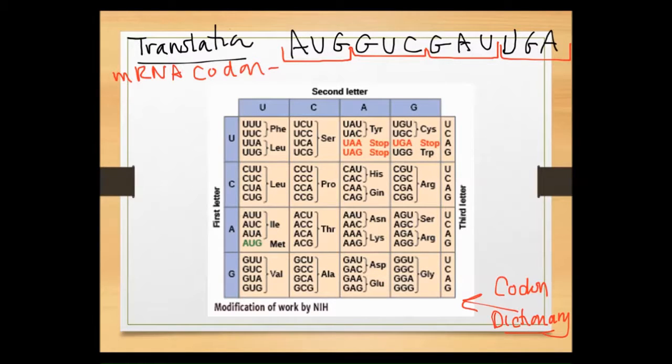What you'll notice when you look at the codon dictionary, I hope, is that you can easily find your first letter, your second letter, and then your third letter and find the particular code. You'll also notice that each of these codes is going to code for a particular amino acid. So you'll see, for example, right here we have a code CCA.